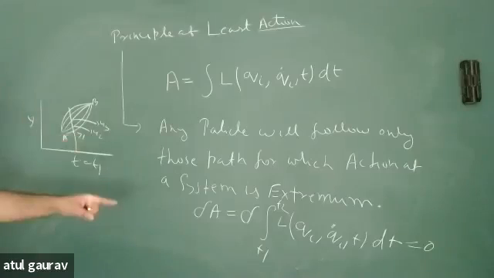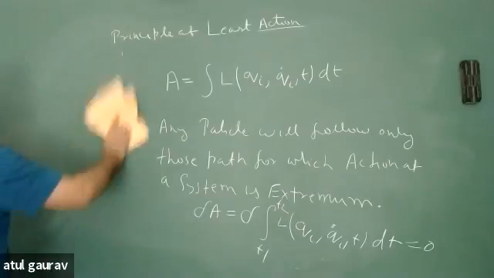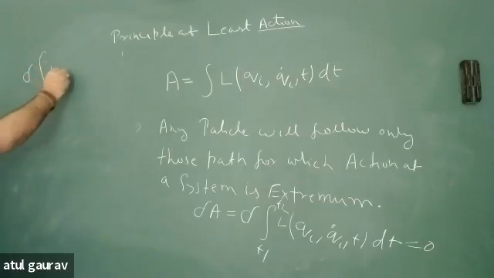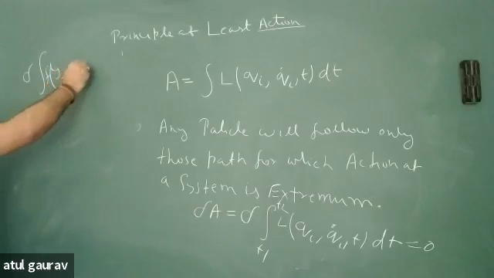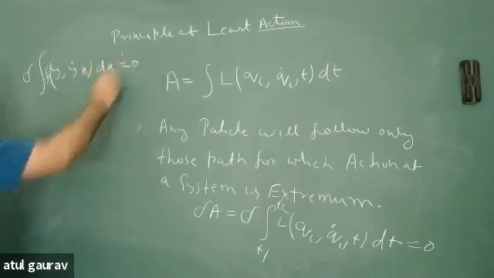Now, if we compare it with our mathematical tool, the method of variational principle, what does the variational principle say? The variation of the integral of any function of y, y dot, and x, dx, must be 0.